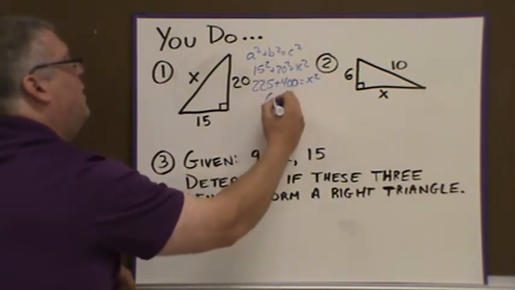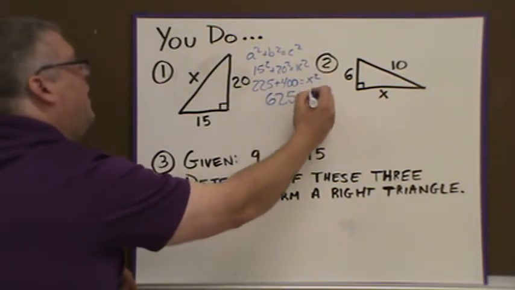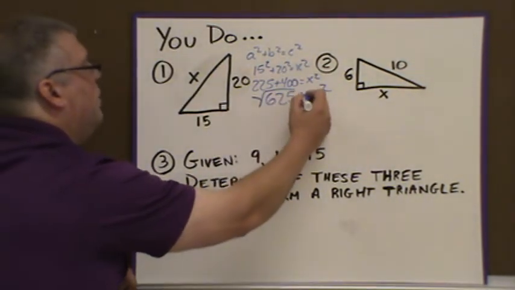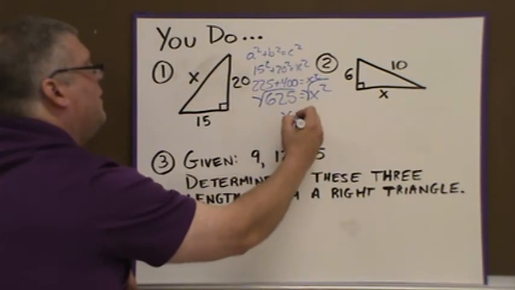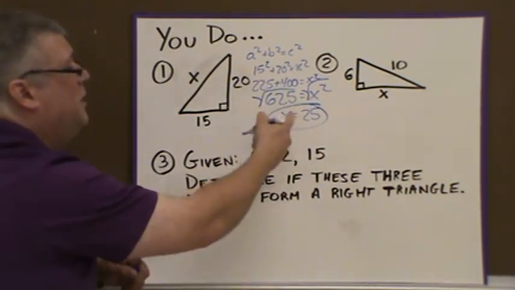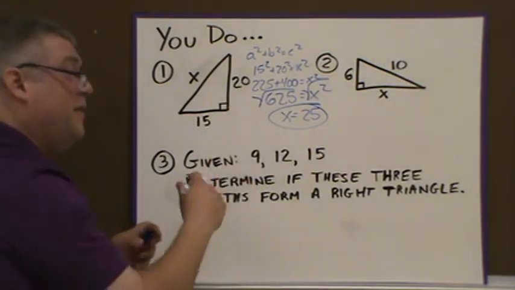Add these two together, I get 625 is equal to x squared. Square root both sides, and x is equal to 25. Notice how I flipped the order there, put the x over here, that's fine.